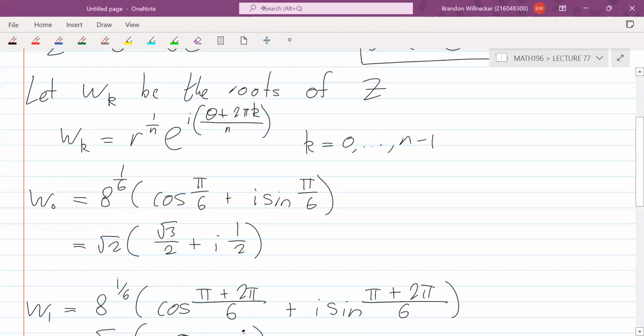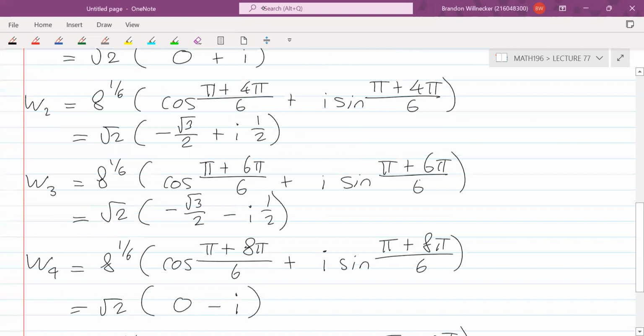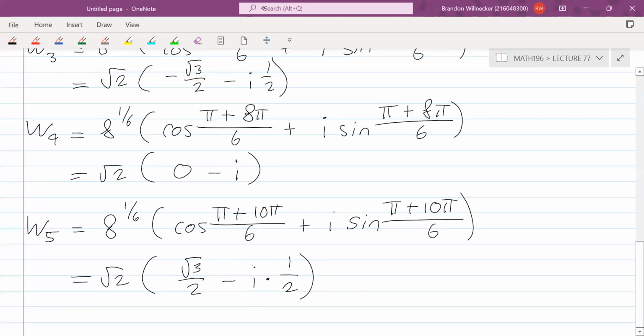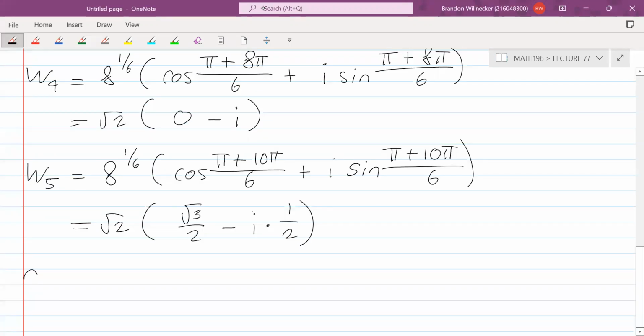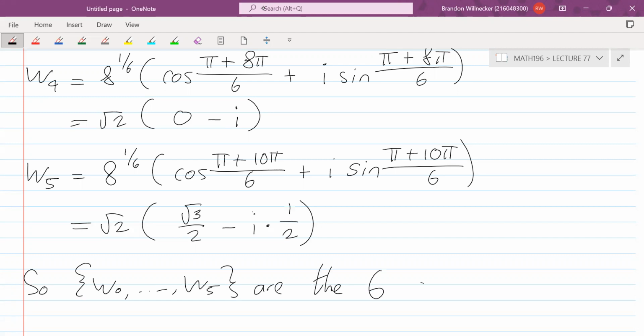In this case, we get W0, 1, 2, 3, 4, 5. So those are the six roots. So W0 to W5 are the six roots of -8.